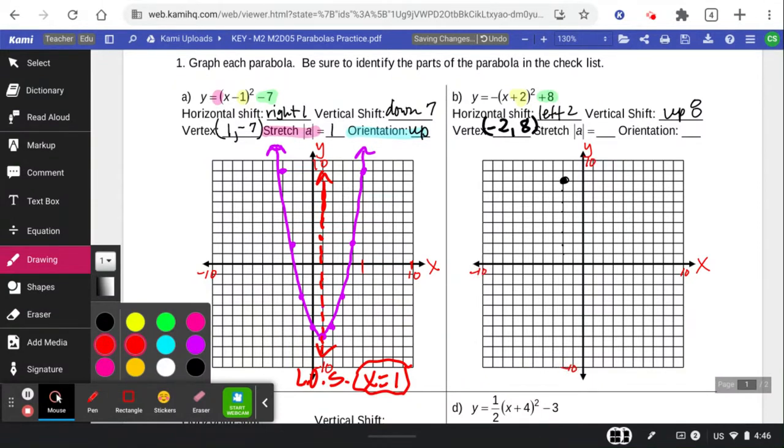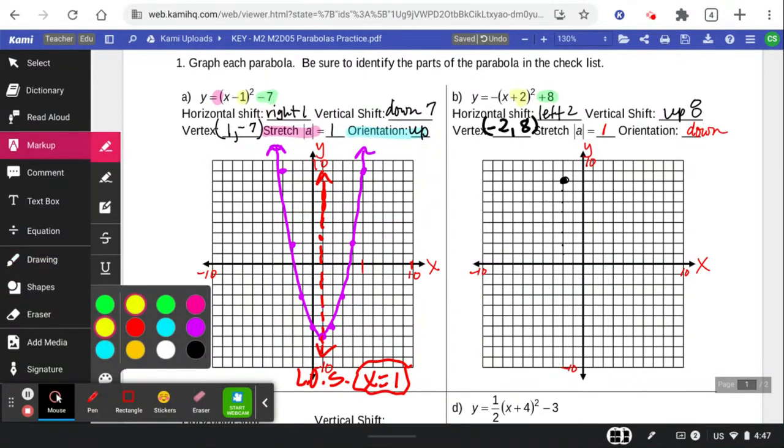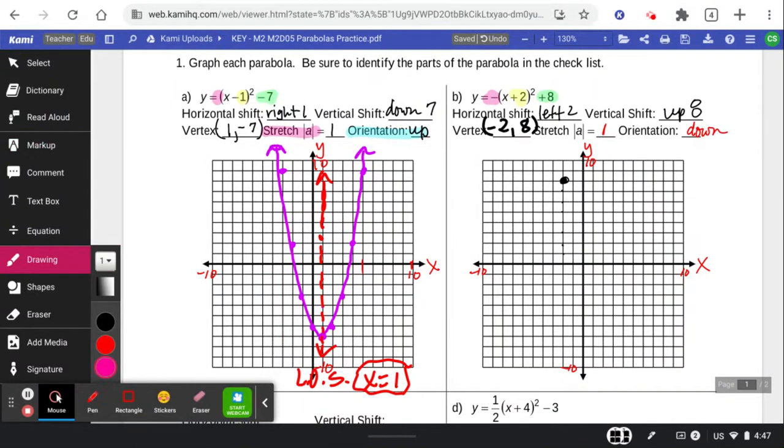And our stretch this time is also a 1, same growth as the parent, but our orientation is flipped. It's down because of that negative sign in front right here. Okay, so let's go grow our graph down the same as the parent graph.